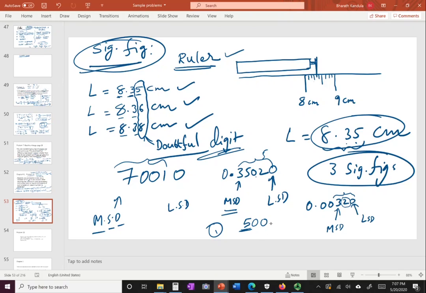Now let's say I put a decimal point at the end of 500. In this case, 5 is the most significant digit, the last 0 is the least significant, and the middle 0 is significant, so total 3 sig figs. So the decimal makes a difference. This is how you identify the number of sig figs in a given number.